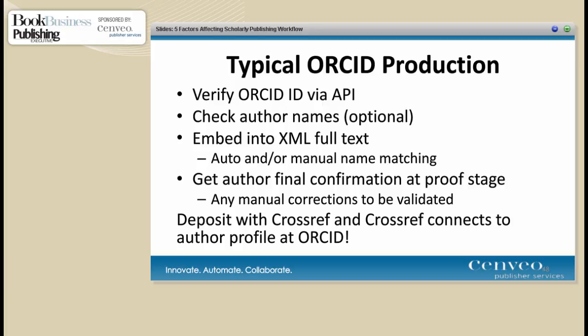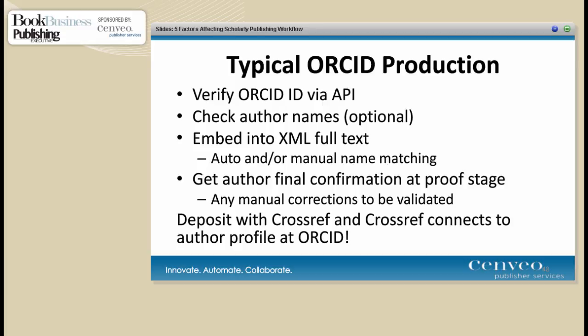So on. Taking the ORCID from an external metadata file and embedding it into the XML full text can be tricky, as the article metadata and the article full text are sometimes not perfectly synchronized. So embedding ORCIDs is like a combination of automated process and human review and problem resolution.